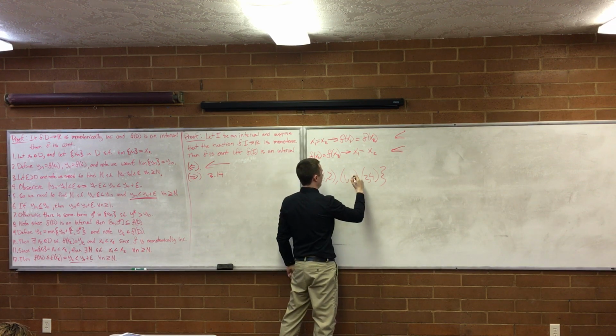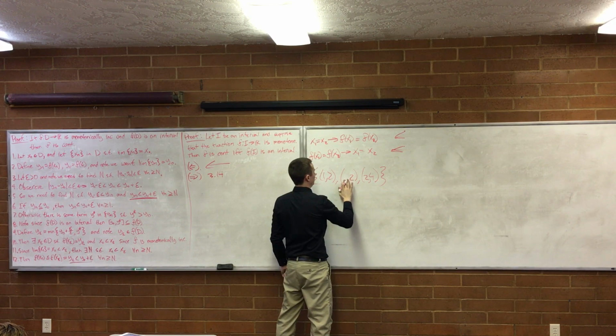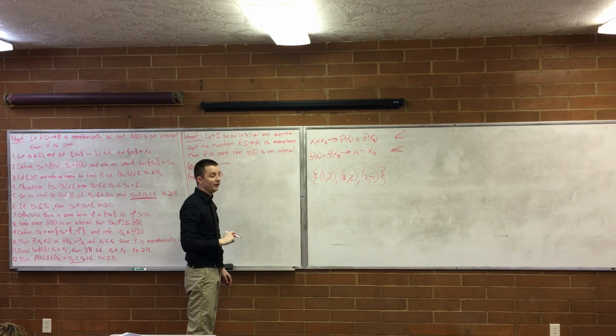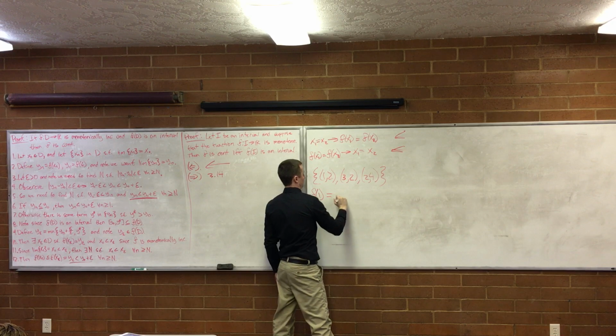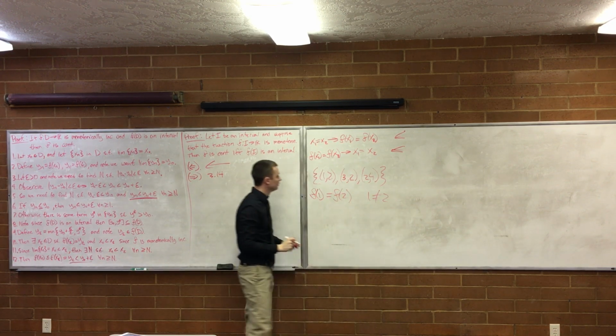Now if we switch this to a 3, it is a function, right? But now it's not 1 to 1, because f of 1 is equal to f of 2, but 1 is not equal to 2. So it's not 1 to 1.